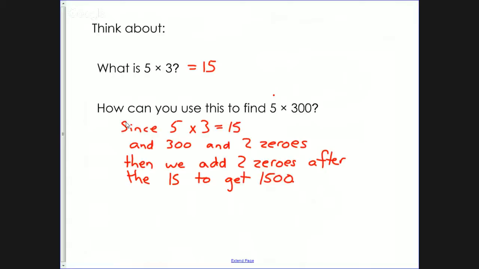So that's just an explanation of what we would do. We know that 3 times 5 is 15. We know that 300 has 2 zeros, so we're going to add the 2 zeros after the 15 to get our 1,500.